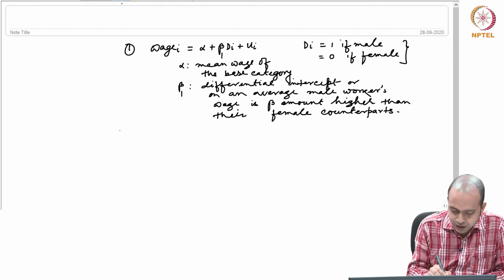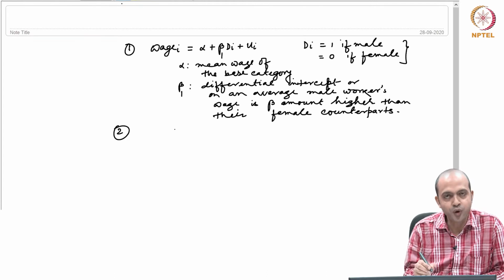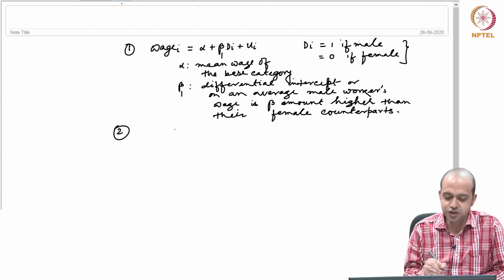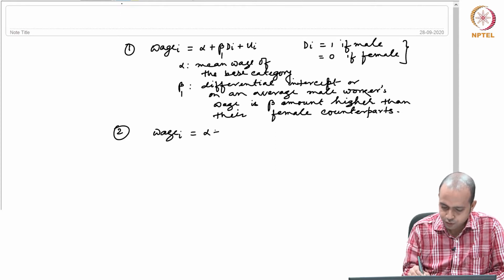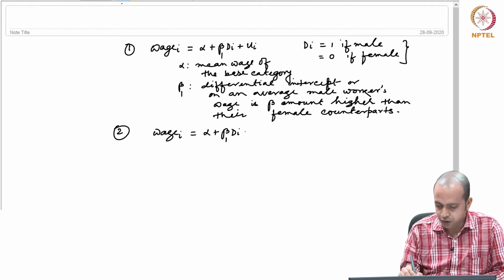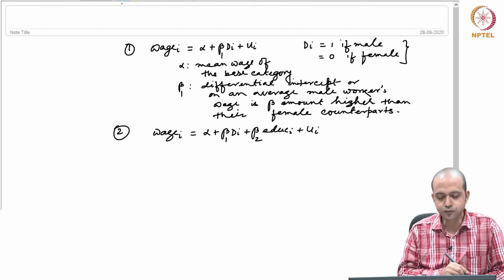And what was the second case we were discussing? In the second case, we introduced one quantitative variable also, and that was education. So, wage equals alpha plus beta 1 d_i plus beta 2 education_i plus u_i.